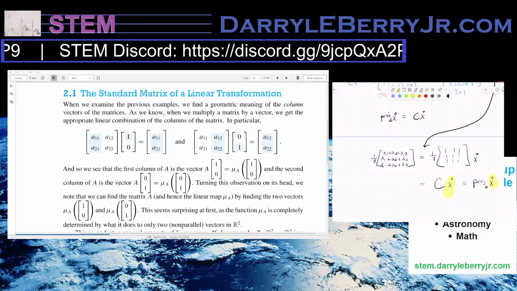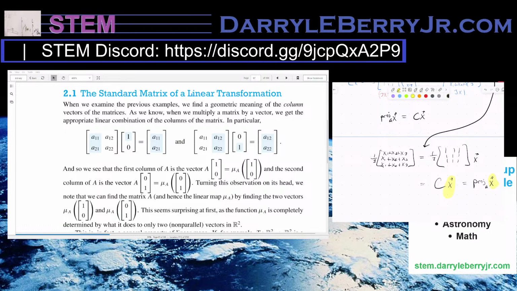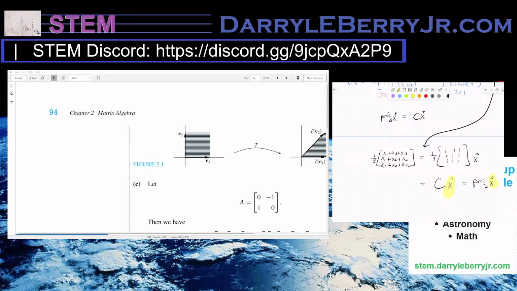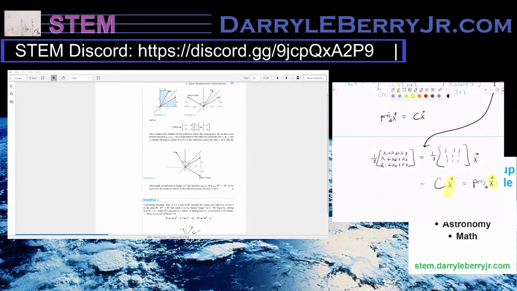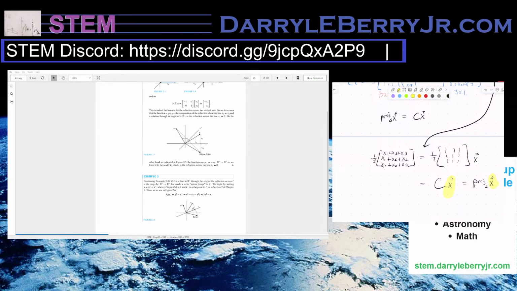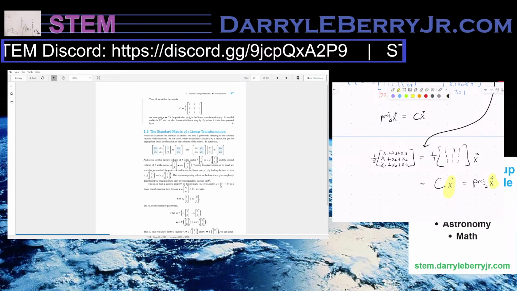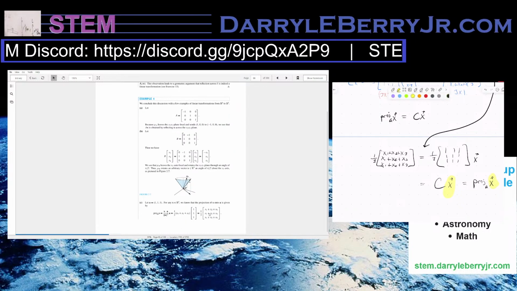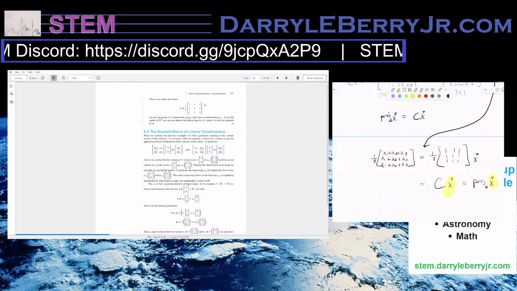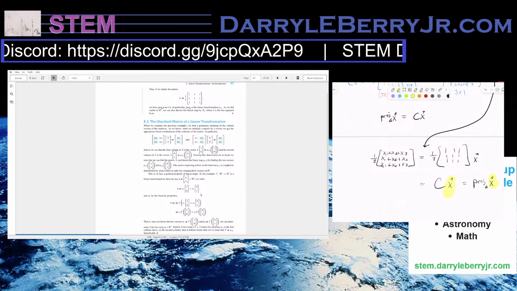When we examine the previous example, and the previous example was the projection as a matrix. Basically, backtracking from this, recognizing that it's x times that matrix.